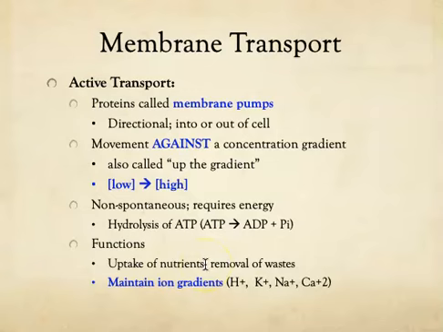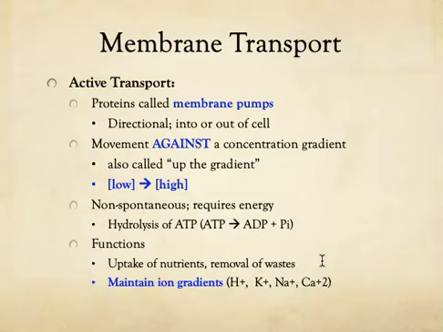As it takes those nutrients in, more and more nutrients are being built up inside the cell, and there'll be fewer and fewer nutrients outside the cell. But the cell needs to take in as many nutrients as it needs. So it might need to function against the gradient. It might need to move nutrients from the side where there's a low concentration toward the inside of the cell where there's a high concentration. The removal of wastes sometimes also has to occur against a gradient.